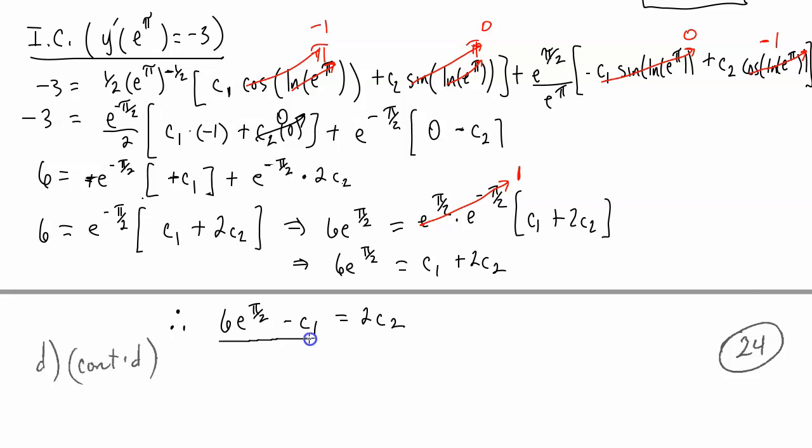So I will go ahead and do that here. And this will end up being 3e raised to the positive pi over 2 minus 1/2 c1 equals c2.